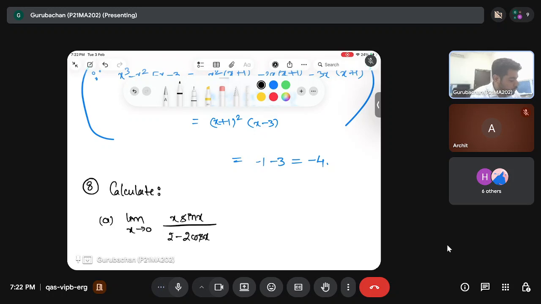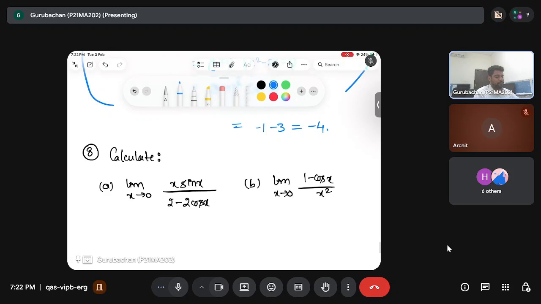Calculate this one, and limit x tending to 0, 1 minus cos x divided by x square. Calculate these two limits.